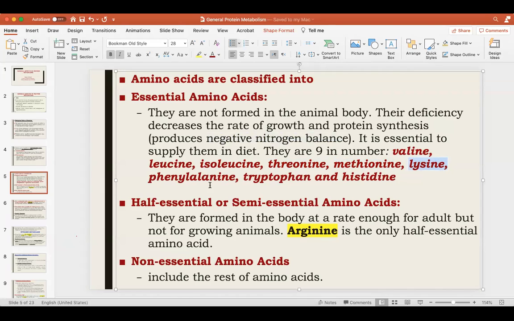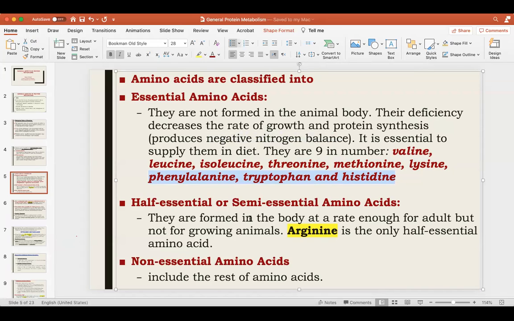Lysine, basic amino acid. Phenylalanine, tryptophan, histidine, all are aromatic and heterocyclic amino acids. You have to memorize all of them. You have to study and to be able to remember the name of all essential amino acids. They come in the exam, so they are very important.